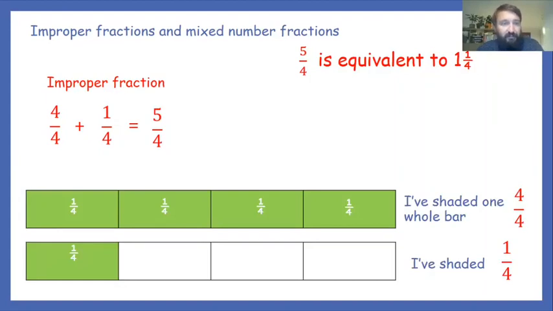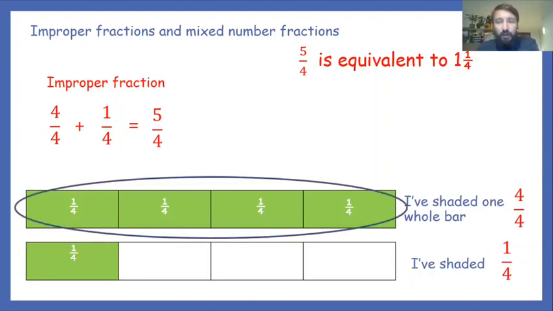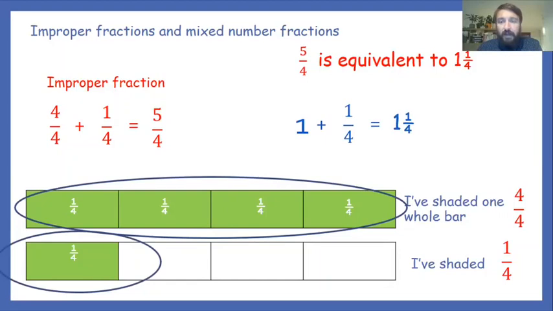So to say this out loud, and it just helps us, we have 1 whole and 1/4. So 1 whole bar, which is for our 4/4, and we have 1/4. So 1 whole add 1/4 gives us 1 1/4, and that is our mixed number fraction.